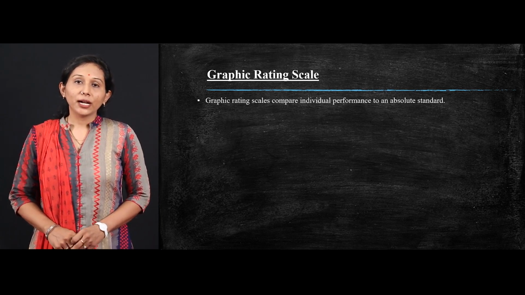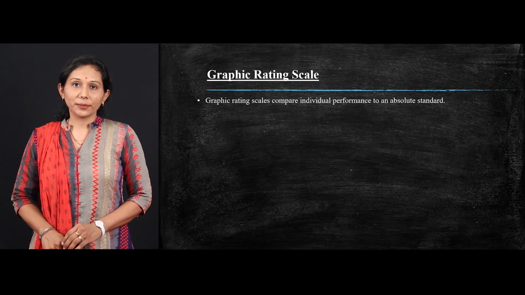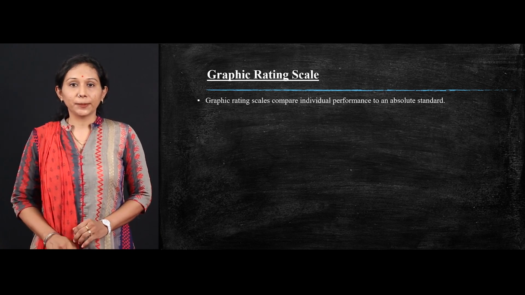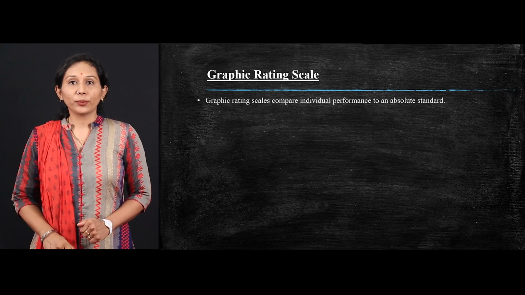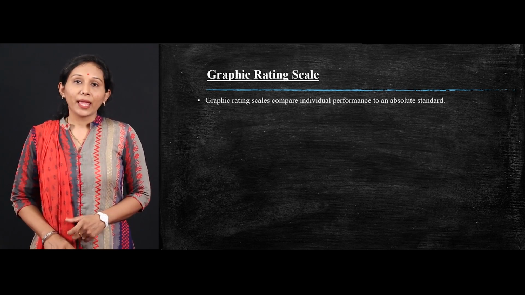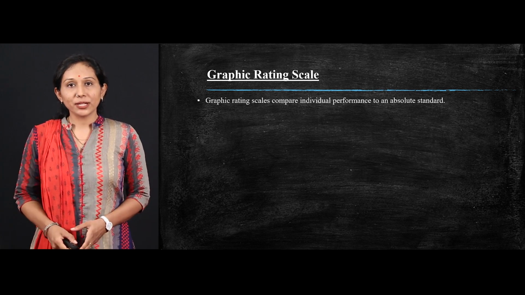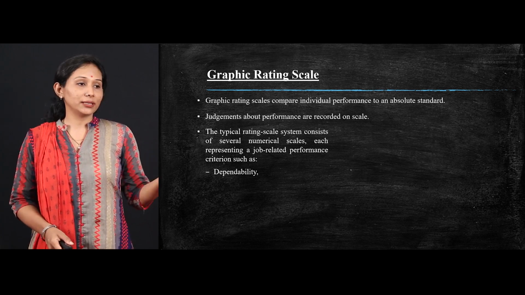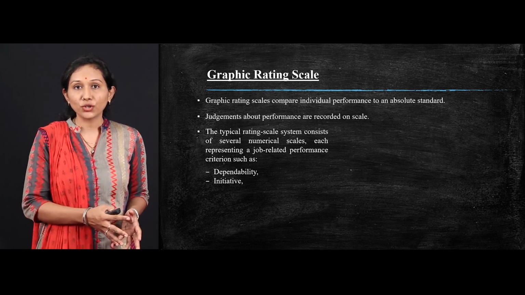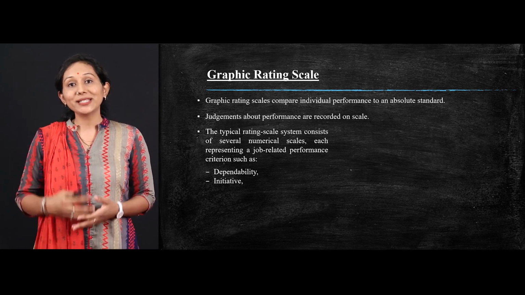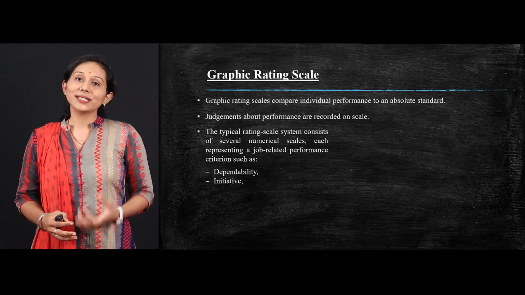Now, the first method under the trait methods of performance appraisal is graphic rating scale. Graphic rating scale compares the individual performance to an absolute standard. As any general performance appraisal method equates the performance of an employee on the job to a standard that has been set, it follows the same methodology.